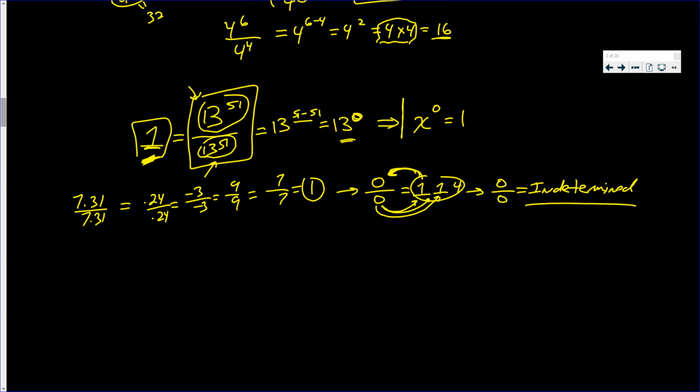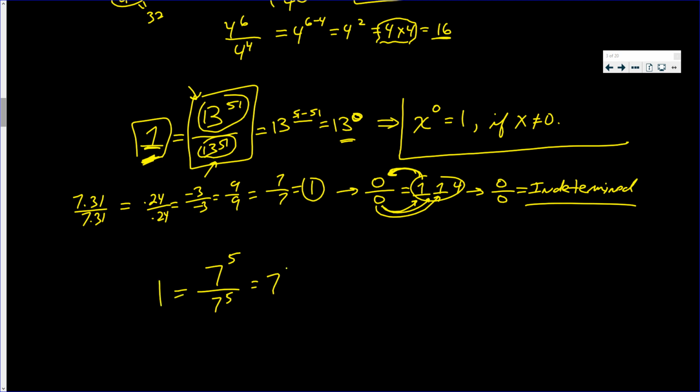Now, x to the 0 is equal to 1 if x is not 0. For example, 7 to the 5 over 7 to the 5 is 1, but it's also 7 to the 0.